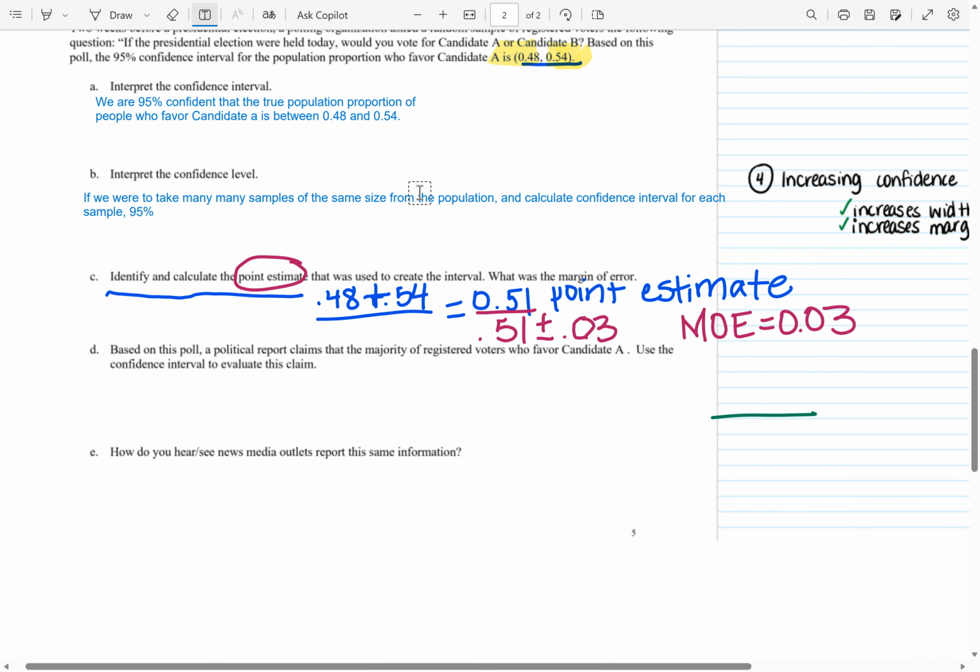Yes, but 0.48 is also a plausible value. So both a majority is a plausible value and a non-majority is also a plausible value.